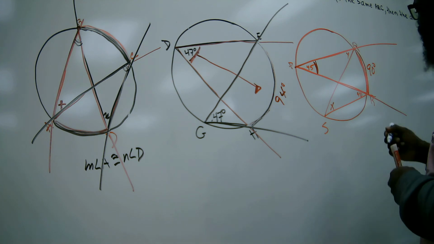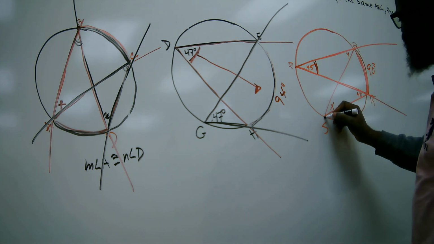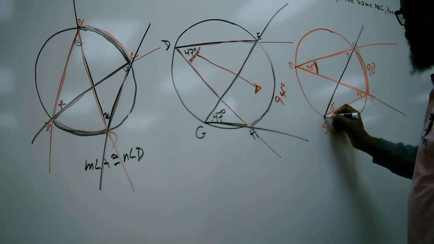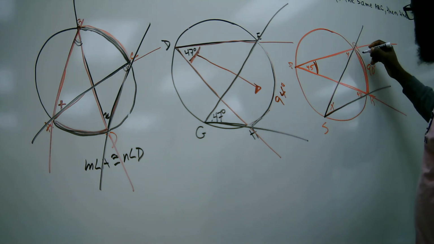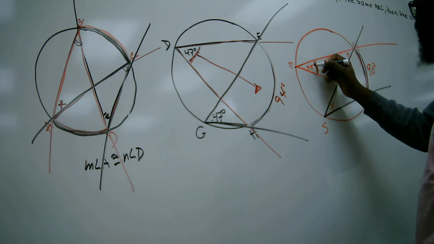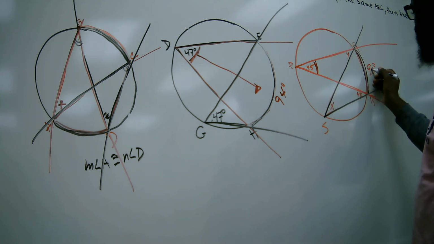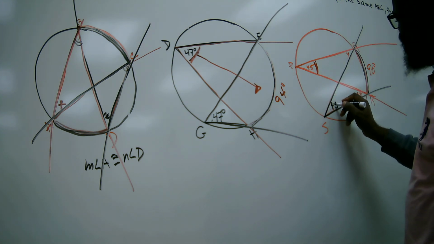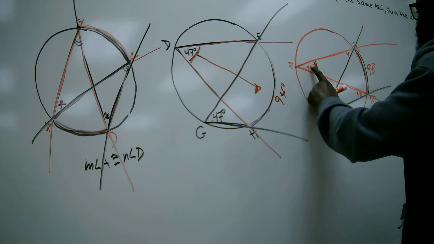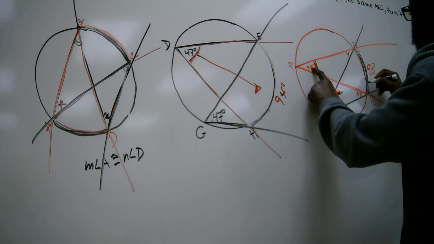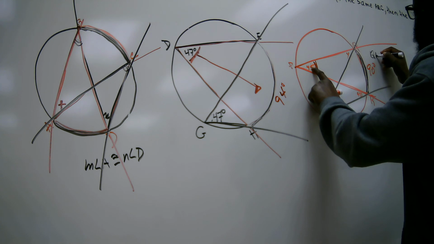So when I look at angle X, represented by the letter X, and I trace it, this happens to be the same intercepted arc. So if those two angles are congruent, half of 90 is 45. So X is 45 degrees because they share the same intercepted arc, which is arc QR.